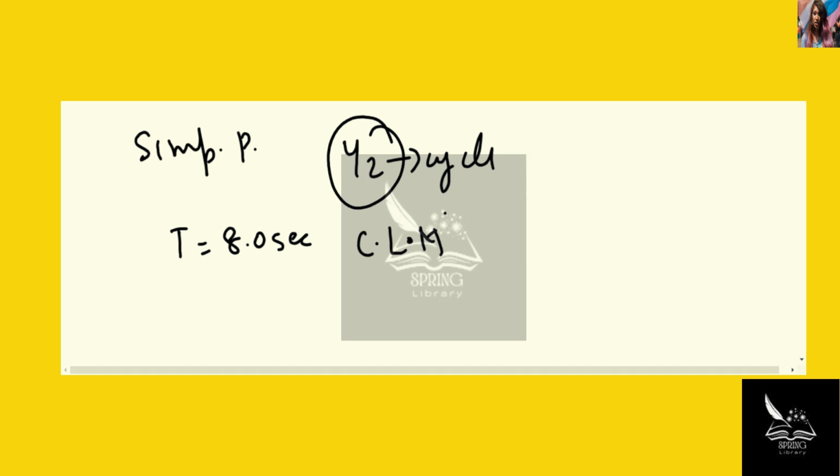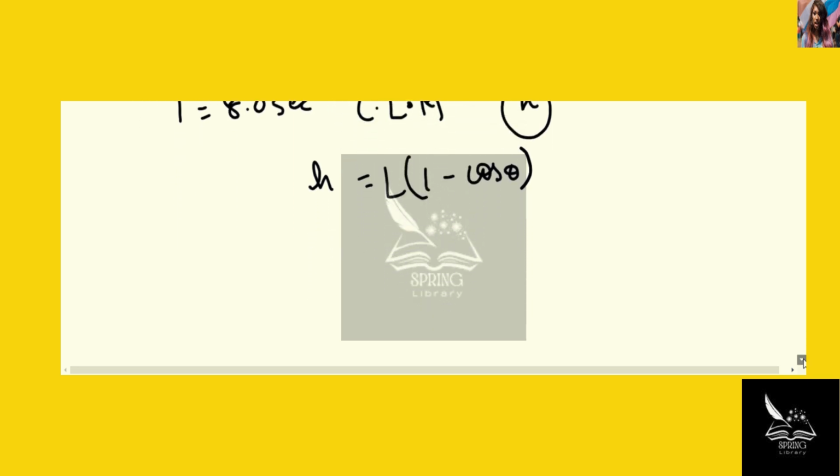Now, we have considered h to be the height above the lowest point of the swing, and now h equals L into 1 minus cos theta. And we also know that the time period of a simple pendulum is 2 pi root of L by g.